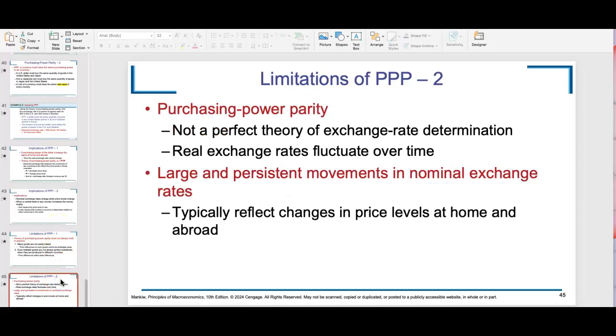Purchasing power parity is not a perfect way to determine the exchange rate. And the real exchange rates do fluctuate over time. They fluctuate because the price levels fluctuate between countries. And so the large and persistent movements in the nominal exchange rate reflect the changes in the price levels at home and abroad, right?